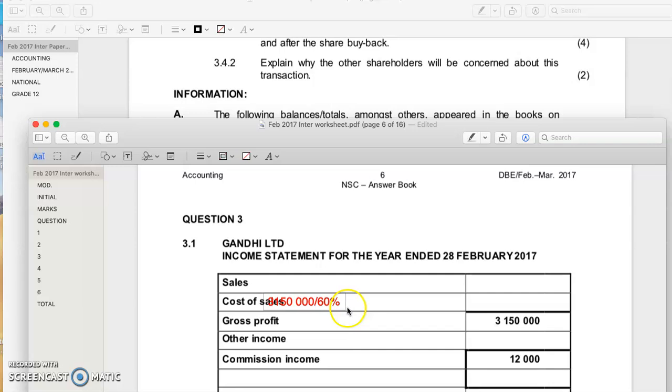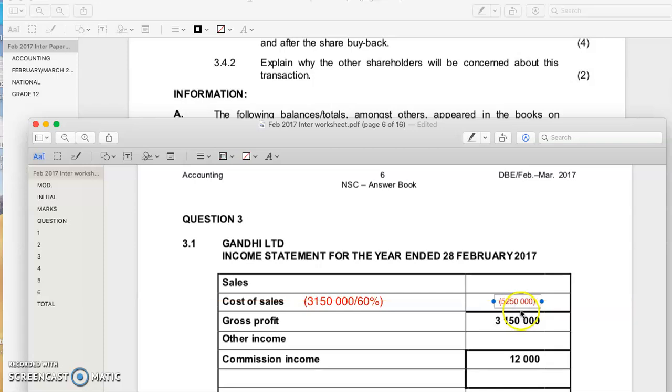Once again, there are different ways of doing this. If you get the final answer, that's okay. Remember, I've had many years of doing accounting, so I've learned easier ways of doing things. So make notes, learn it, and you'll be fine. This should give us the cost of sales of 5,250,000. Then we have the gross profit and the cost of sales.